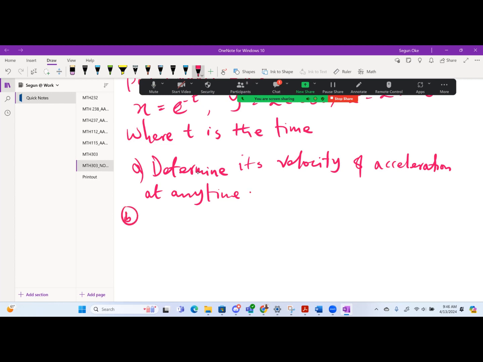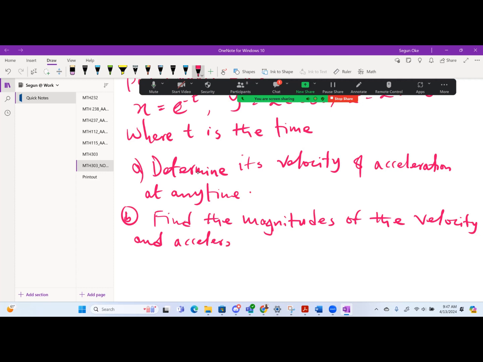B. Find the magnitude of the velocity and acceleration at t equals 0. At t equals 0.